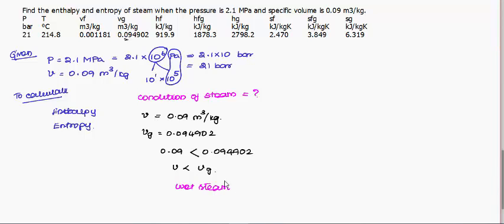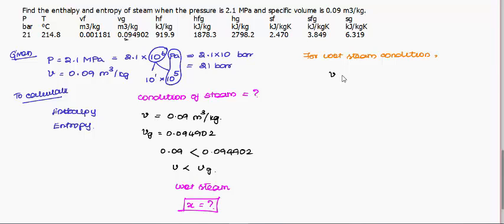So it is wet steam. For wet steam, what is the value of the dryness fraction? That is very important. How can we calculate the dryness fraction? Since volume is given, for wet steam, what is the formula?